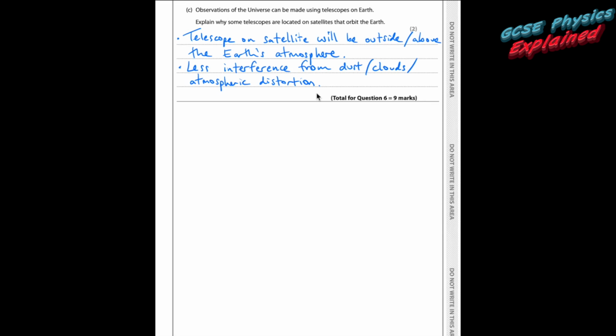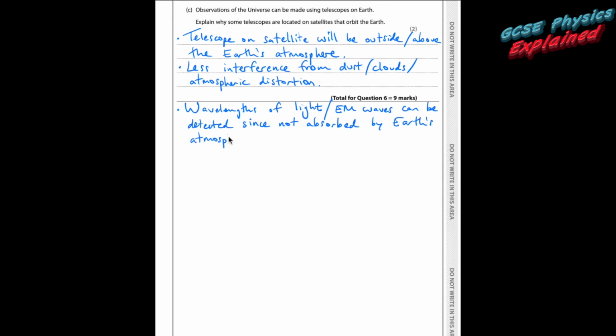Something else you could say is that you would be able to see more wavelengths of light and other electromagnetic waves that would have otherwise been absorbed by the Earth's atmosphere. And you can basically view the whole sky, rather than just a portion of the sky from an Earth-based telescope.